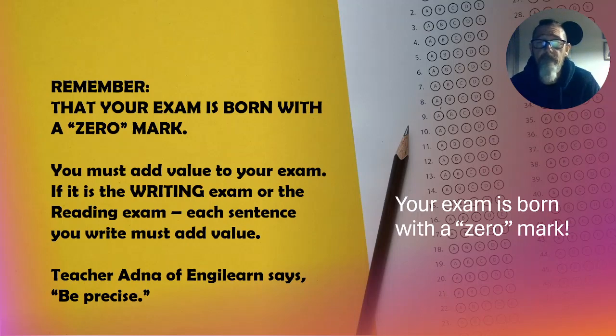What we are looking for is basically your understanding. So you must add value to your exams. If it's the writing exam, if it's the reading exam, each sentence you write must add value to the text. It must show the examiner your understanding of how writers create effect to have an impact on the reader. That is what you're constantly focused on.